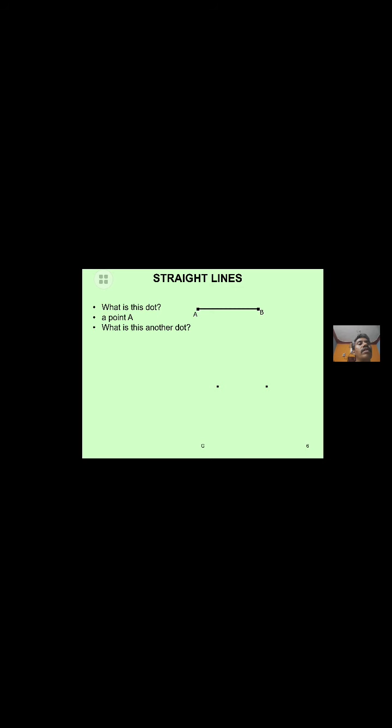After A again we have another dot. So that is nothing but another point, we say capital B. Join them. Now what is AB? So after joining 2 points, we can say the distance between 2 points is a line segment. It is a line segment.